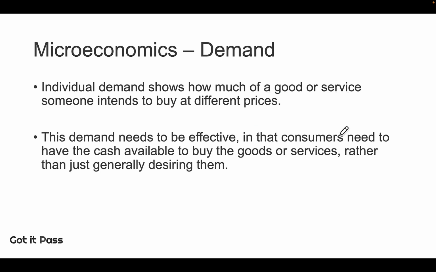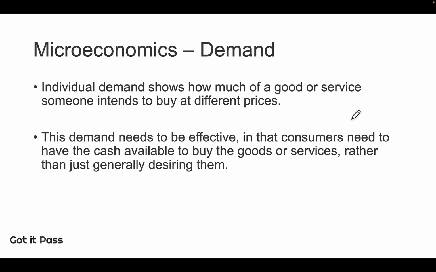And then we have the demand. The individual demand needs to be effective, in that consumers need to have the cash available to buy the goods or services rather than just generally desiring them. What does that mean? It means the demand should be realistic. Consumers have the available cash to buy it.